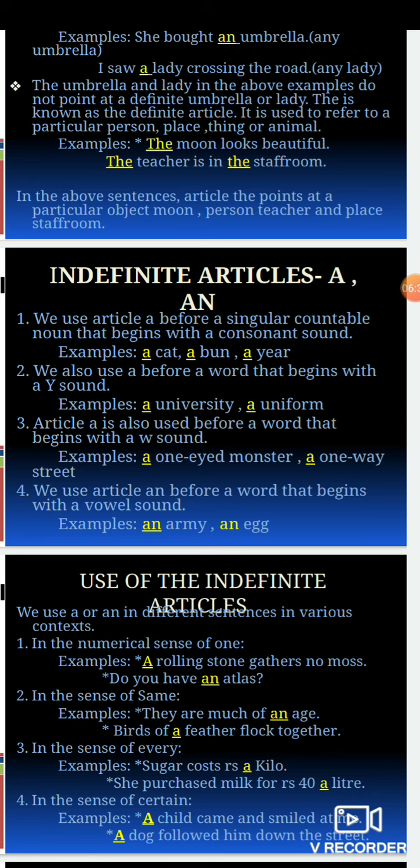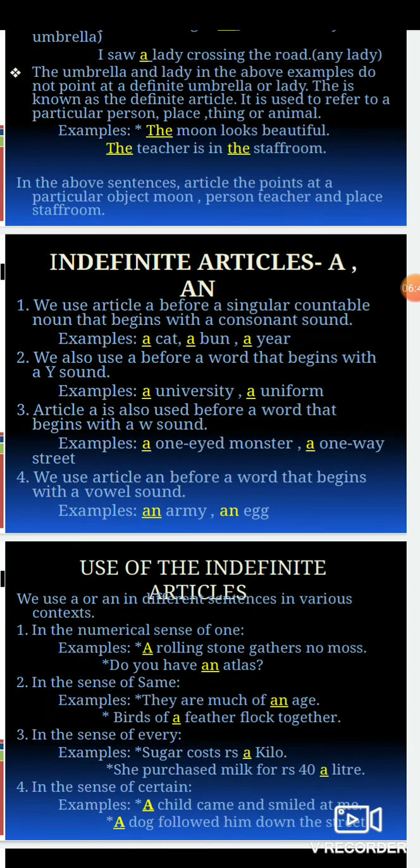Countable means that we can count, known as a countable noun. It should begin with a consonant sound. So in higher classes, we have to specify the consonant sound.